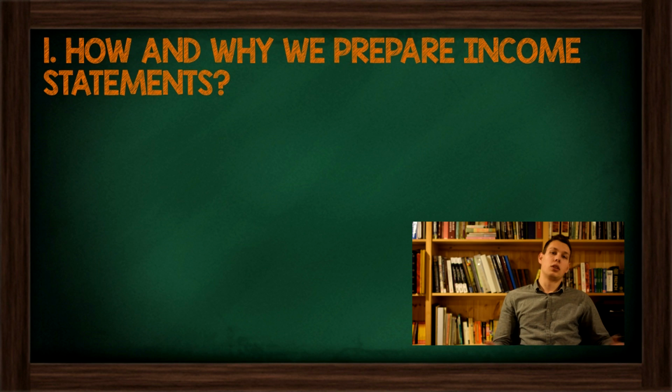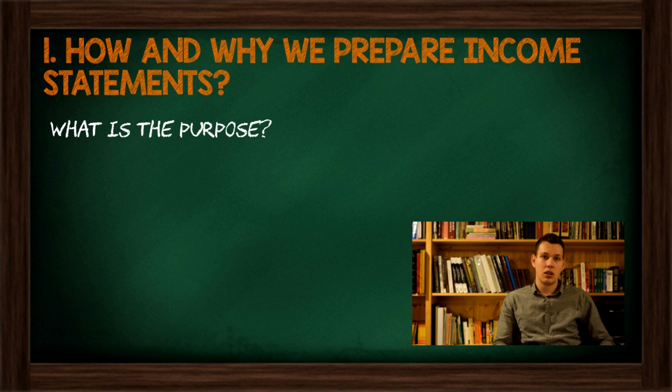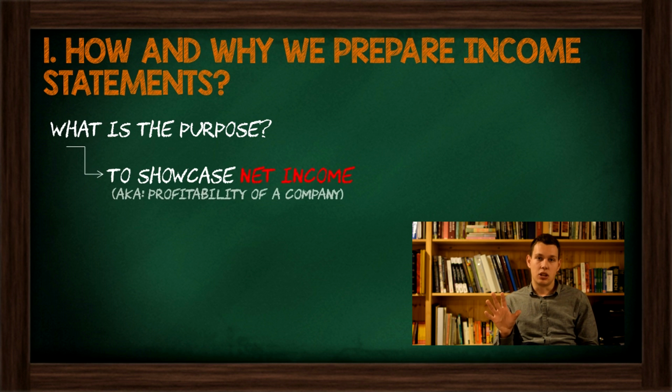But for now, what we're focusing on is what is an income statement and how to prepare a basic one, okay? So, what is an income statement? What is the point of preparing this thing? The main goal of the income statement is just to showcase net income. Now, I'm sure most of you know what net income is.